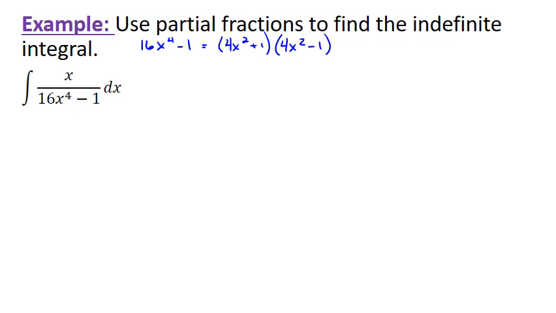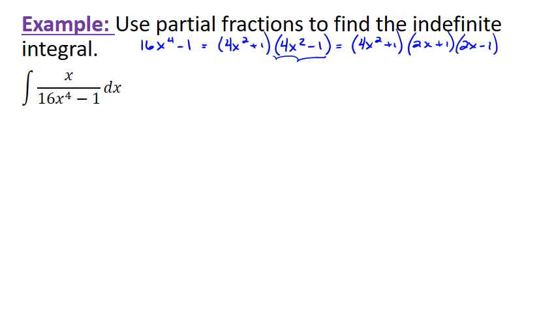Now, this first factor cannot be factored any further. However, this is a difference of 2 squares, so this can be factored further. So keeping our first factor and factoring the second into 2x plus 1 times 2x minus 1. That is the complete factorization of our denominator.